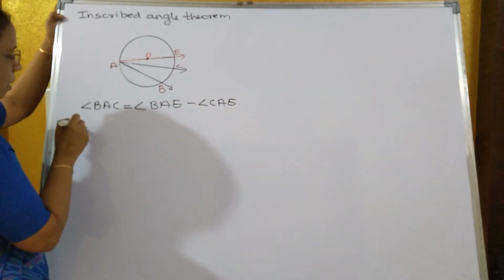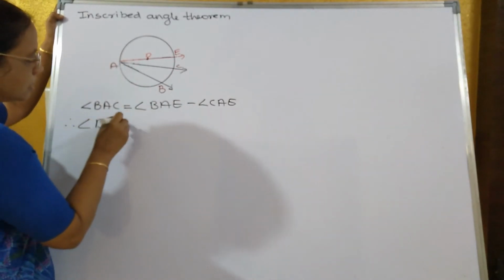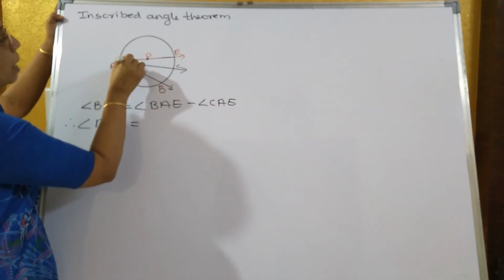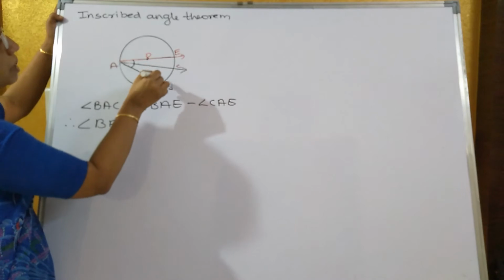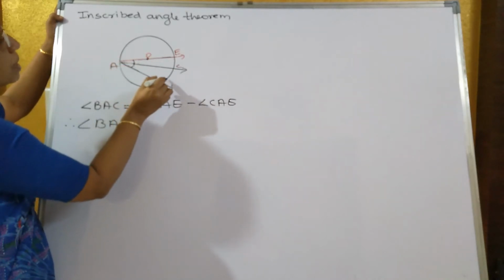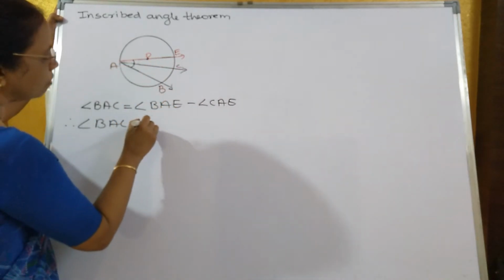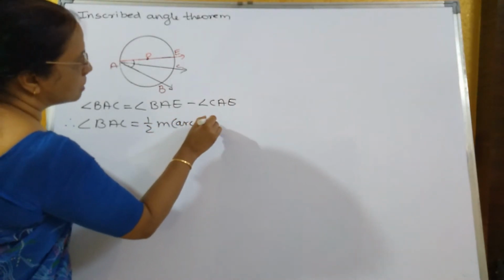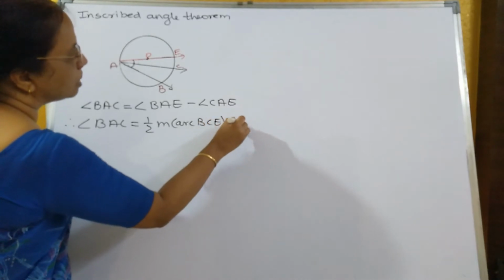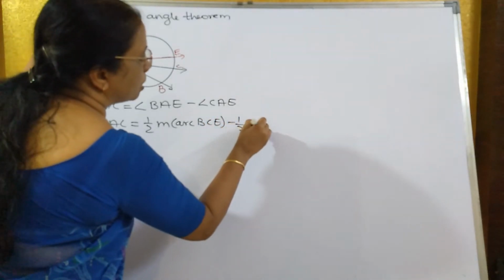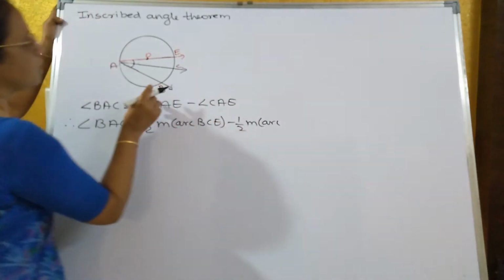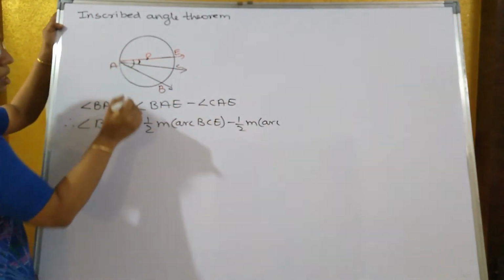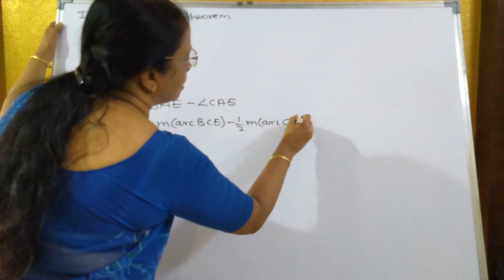Therefore, angle BAC is equal to what? Now what is BAE? What is this full angle made up of which arc? BE. This full angle is made up of arc BE. So half measure arc BCE minus half measure arc. What is CAE made up of? CE. So measure arc CE. Take half common.